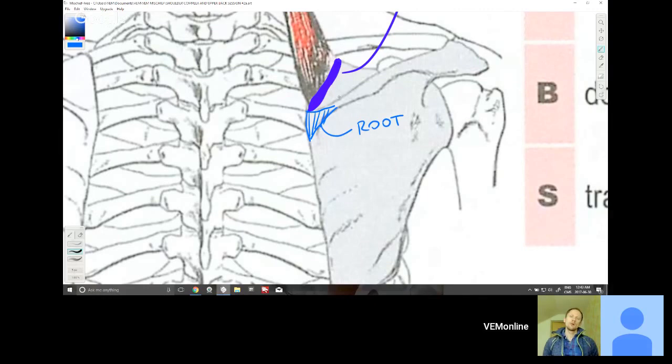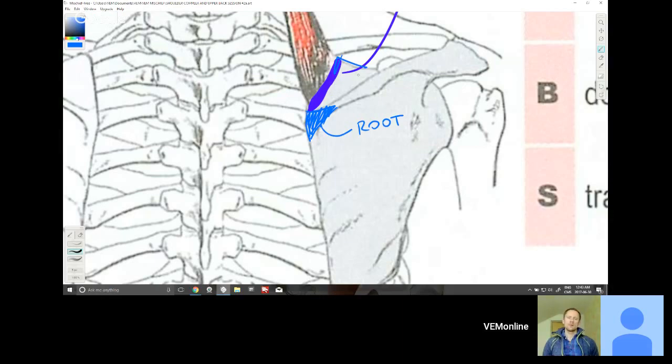If you want to be really specific, we can say that the muscle inserts at the medial border of the scapula between the root of the spine of the scapula and the superior angle of the scapula. That's as specific as it gets.